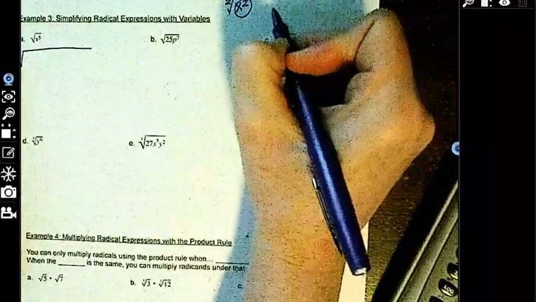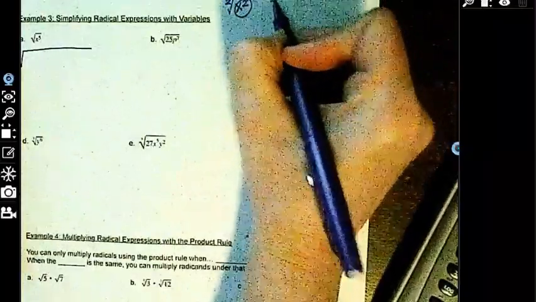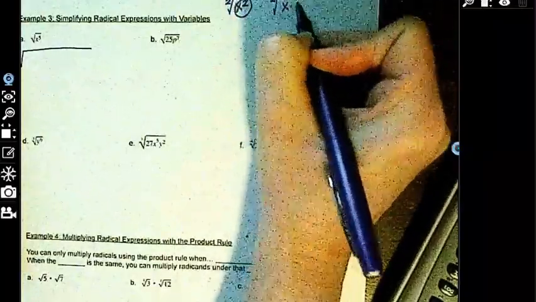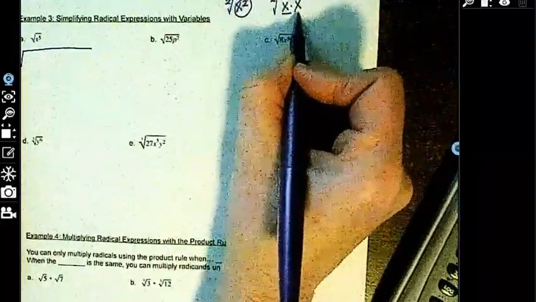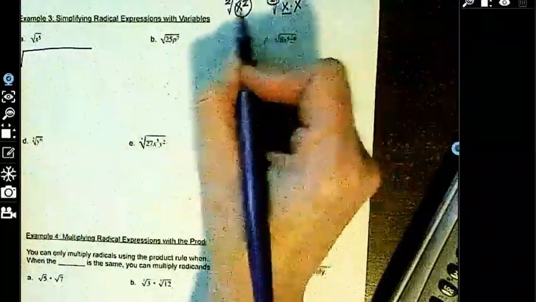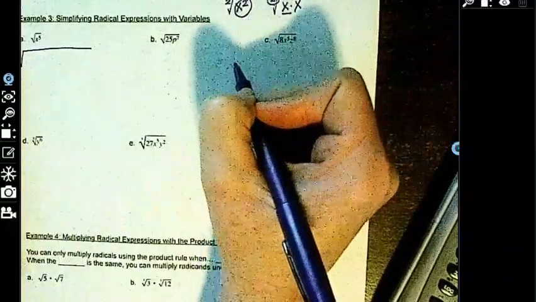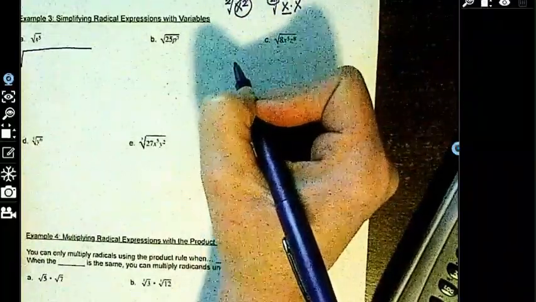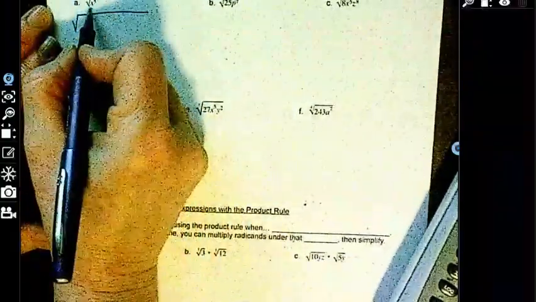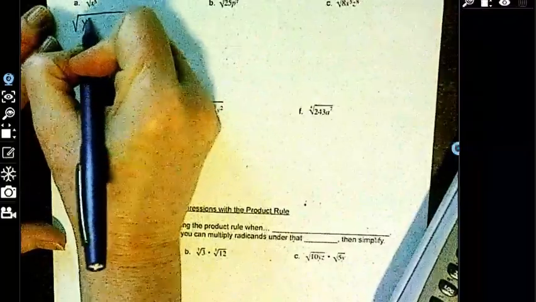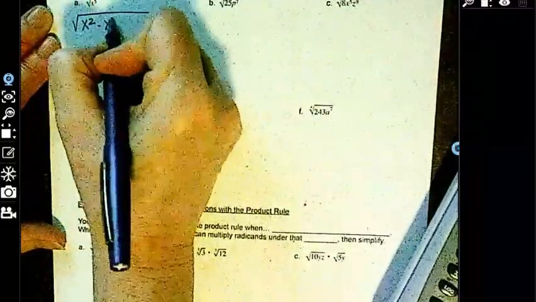Well, it's x. See that? So I separate this into x squared times x to the first.